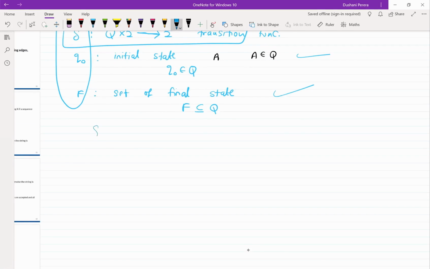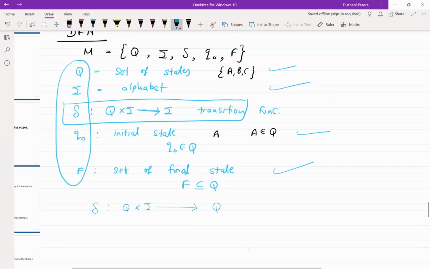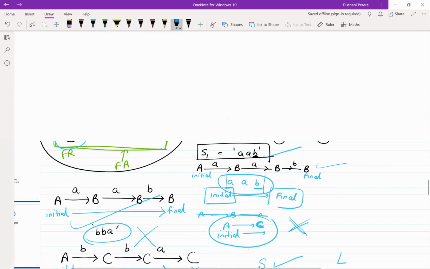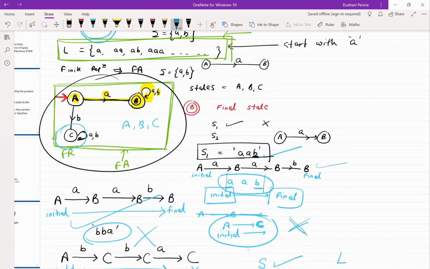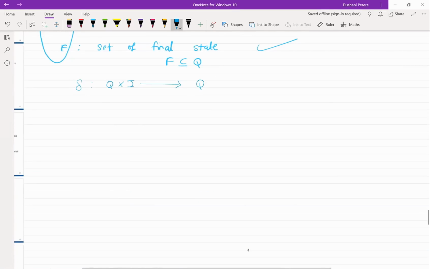We said that delta is a function between Q cross sigma to Q. Taking the example we did earlier, what comes to Q? A, B, C. What comes to sigma? Simple A, simple B. And on the other side, Q gets A, B, C. So this is how the function basically works.